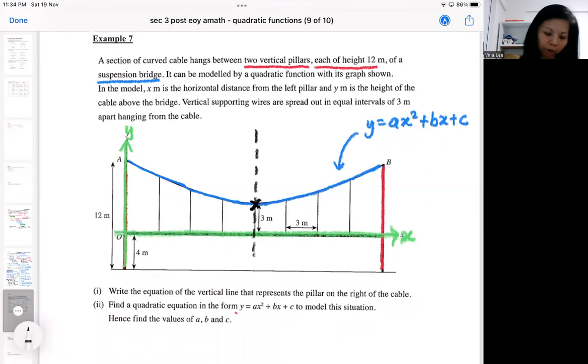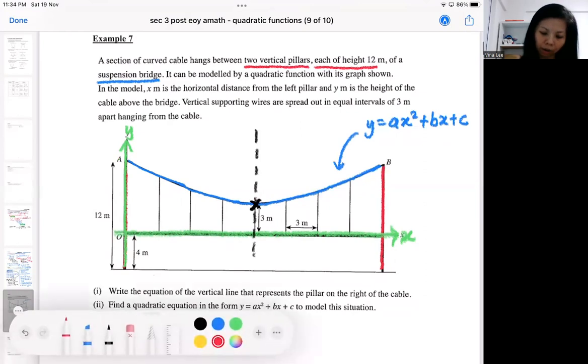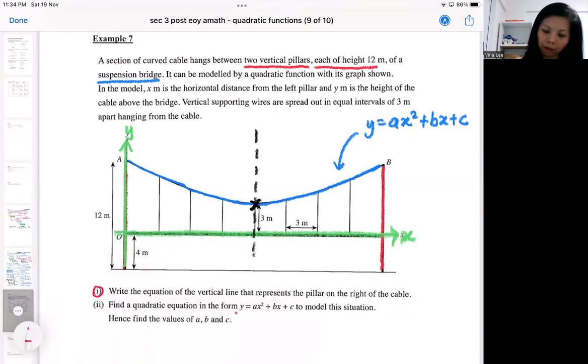For the first part, we are supposed to find the vertical line that represents the pillar on the right. The pillar on the right is this one. So it's supposed to be a vertical line. Being a vertical line, we know that the equation will be x equal to a number. From here, you count how many sets of 3 meters.